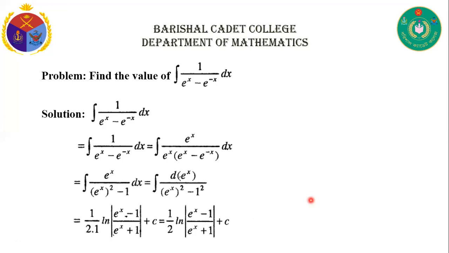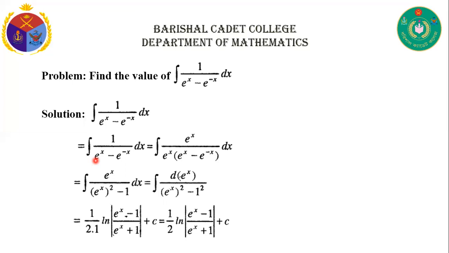This is another exponential problem. Find the value of the integration of 1 by (e^x - e^(-x)). This is the same type of problem we solved earlier. First, if we take z as e^x or z as e^(-x), we don't have the dz part, so first we have to create the dz part.